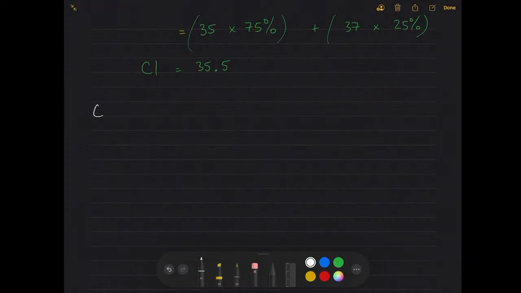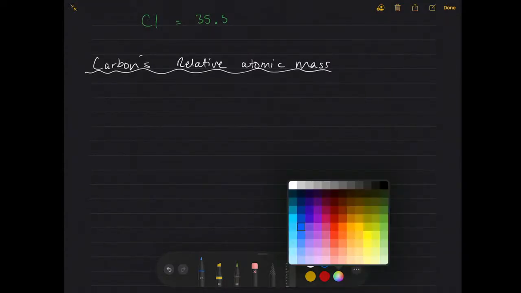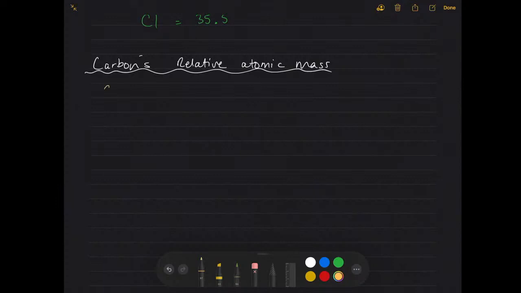So to finish off today's lesson, we'll work out carbon's relative atomic mass. We said that there are 3 isotopes: carbon 12, carbon 13, and carbon 14.